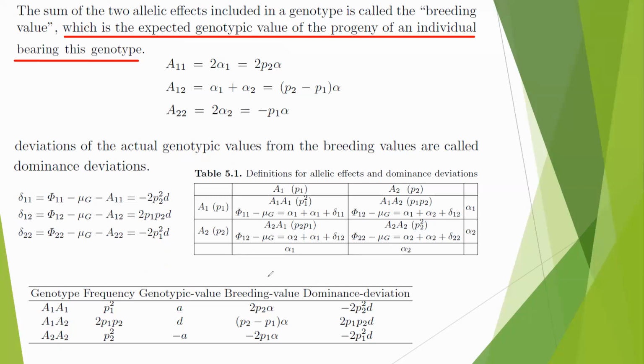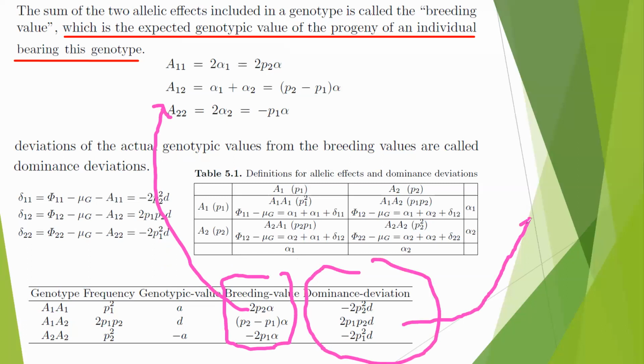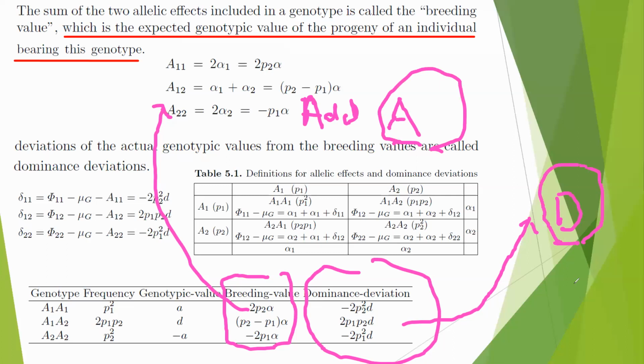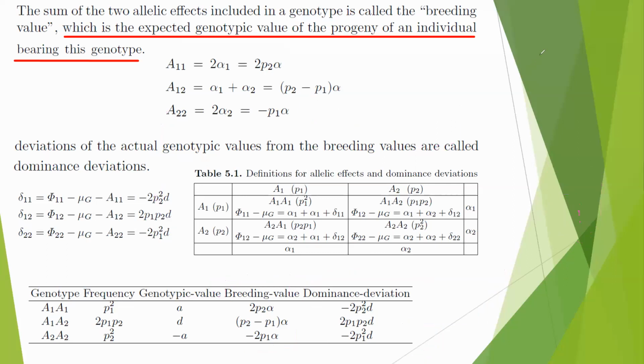And this is the breeding value derived from here, right? And this is the dominance deviation. That's the non-linear part. This is the linear part, or additive part. So we use A to represent this additive part, and this is the non-additive, non-linear part; we use D for the dominance deviation. You're going to see me use these two terms, A and D, to represent the additive and dominance deviation parts, to describe the different genetic effects.